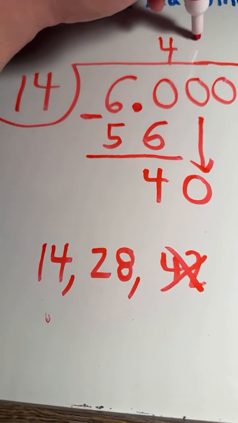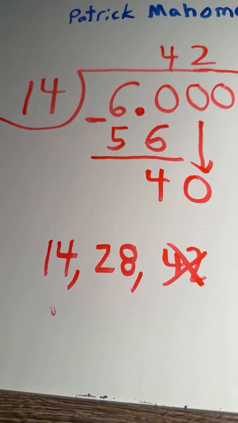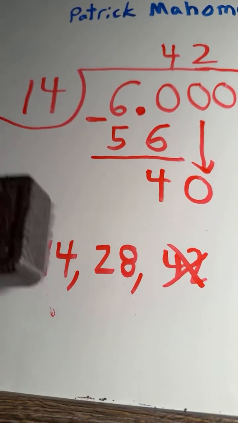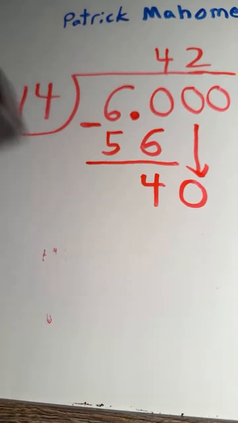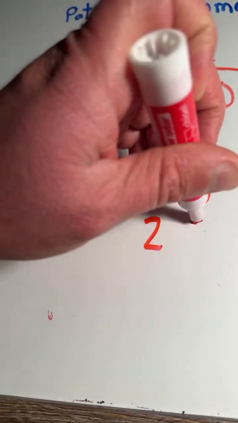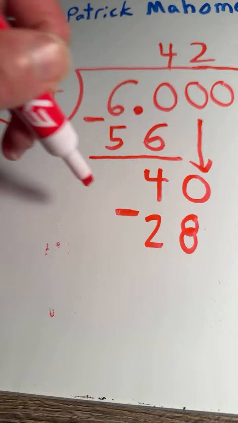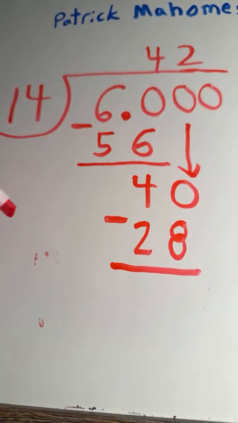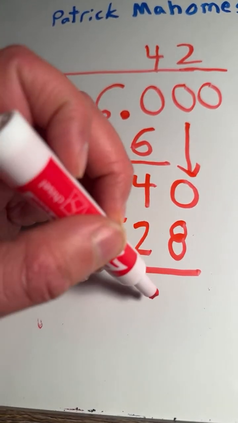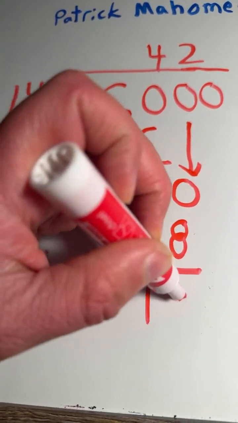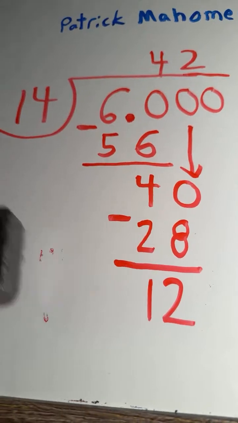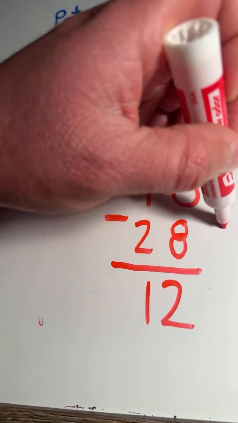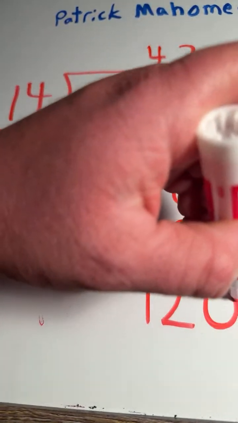So 40 divided by 14 equals 2. 28 was as close as I could get to 40 without going over, so 28 is what we have to subtract. 40 minus 28 equals 12, so we have a remainder of 12. Next, we bring down the 0.